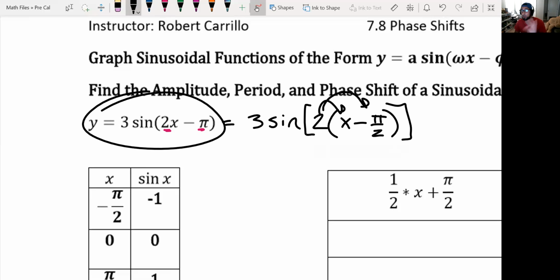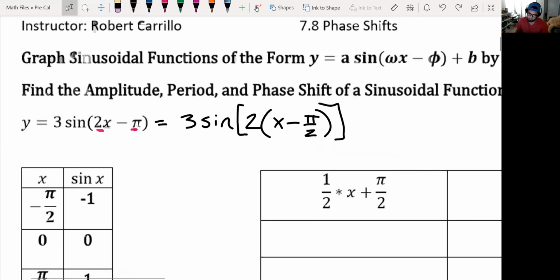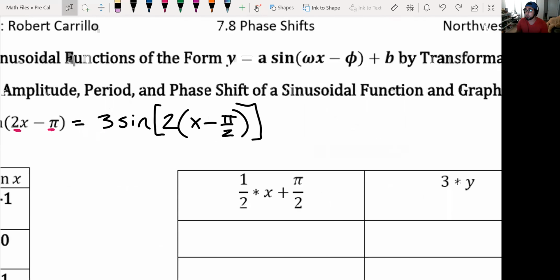But remember, all of this is still happening on the inside of the sine function, in the argument of the sine function. Which means now, since I rewrote it, you can actually see what type of transformations are happening here.